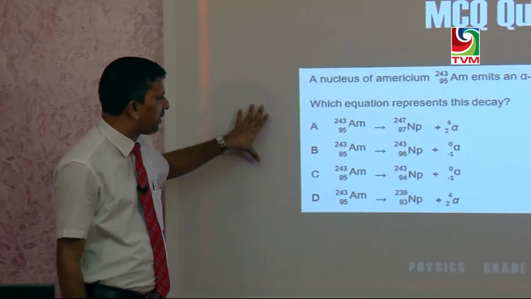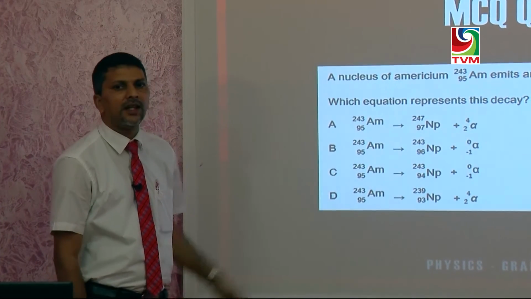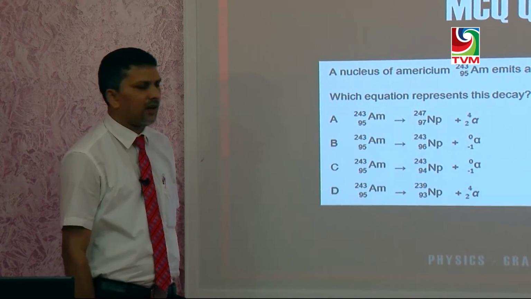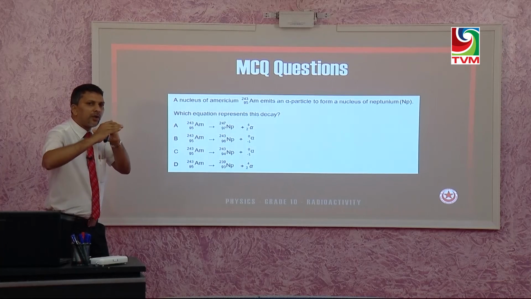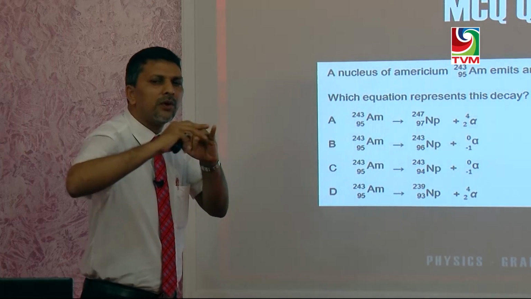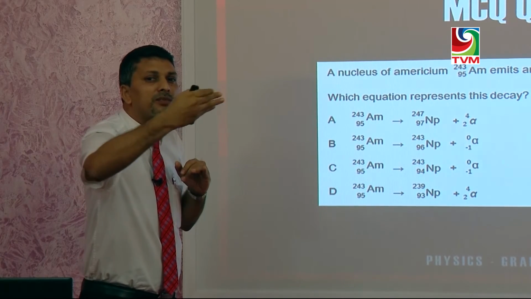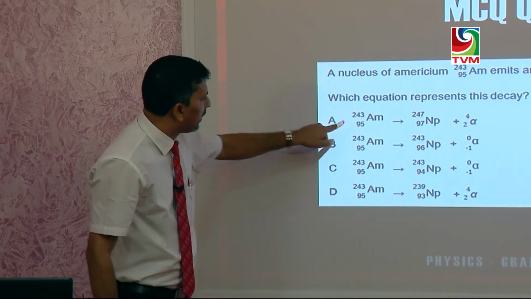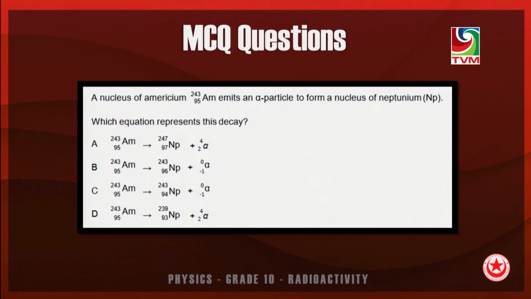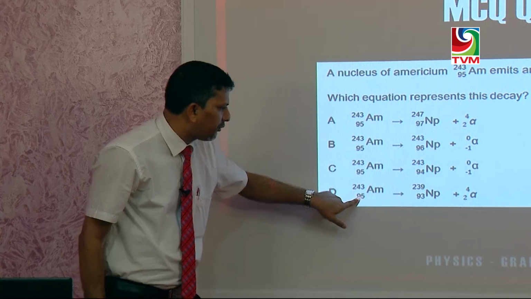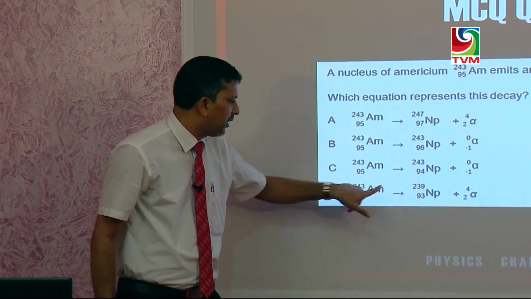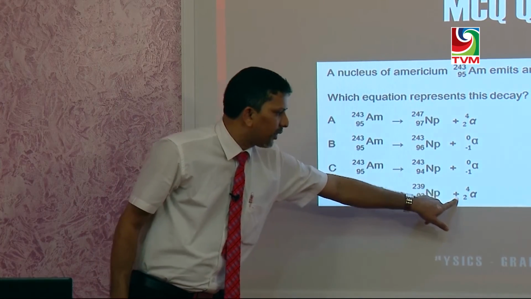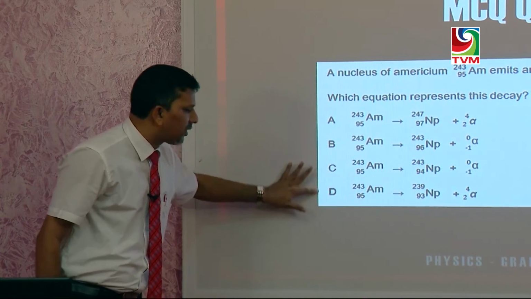So we got the answer A or D. Then we can check which is the correct one. When an alpha decay occurs, atomic number decreases by 2, mass number decreases by 4. So, 95, this is increased. So, this is not the answer. Then we can check here, 95 changes to 93. So, atomic number decreases by 2, mass number decreases by 4 for the alpha particle. So, we got the answer D.